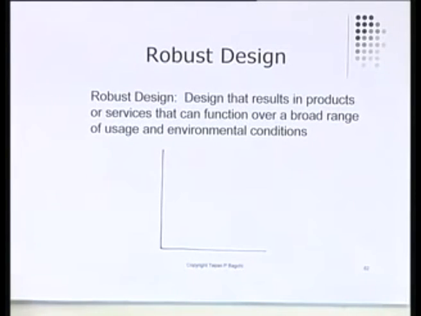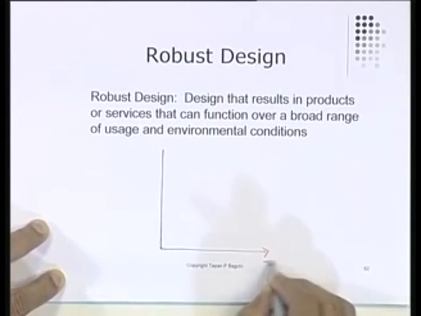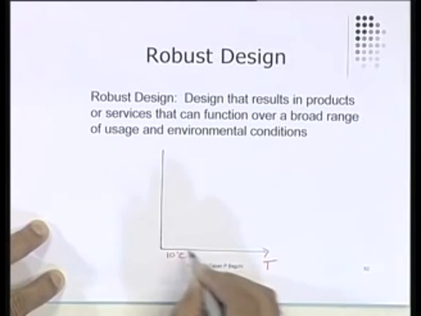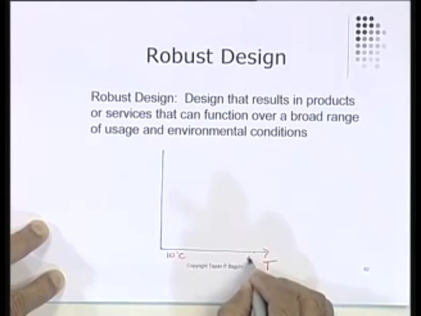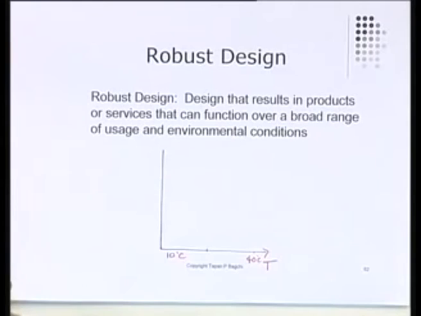Let me show that by drawing a little picture here. I'll put down ambient temperature here. So temperature, T, is here. This is low temperature, like 10 Celsius. This I could put at 40 Celsius, and 20 Celsius somewhere around here. This is ambient temperature.